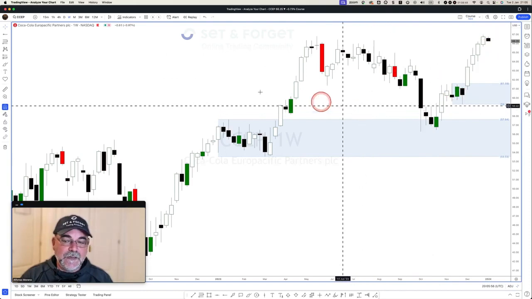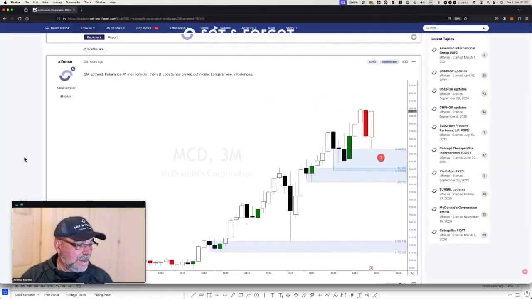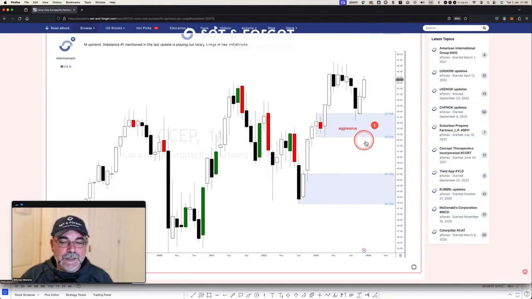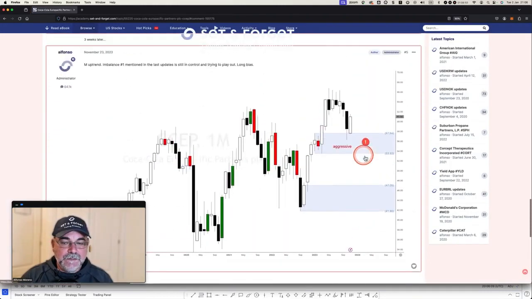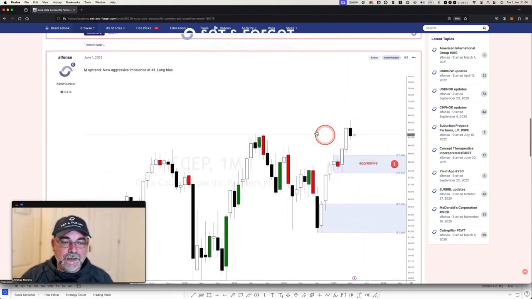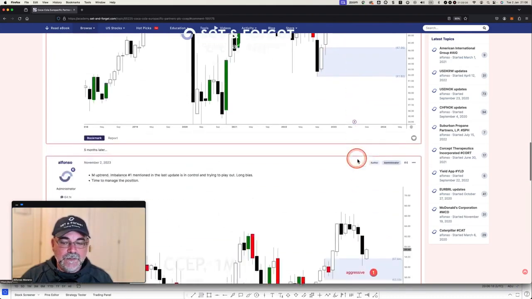Okay, so this is another example, and I believe all these should be analyzed here. I don't know, CCEP, Coca-Cola Europacific Partners. Let's take a look. The CCEP monthly time frame there, in control, and there it is. Monthly uptrend, new aggressive imbalance at 1, waiting for the pullback.